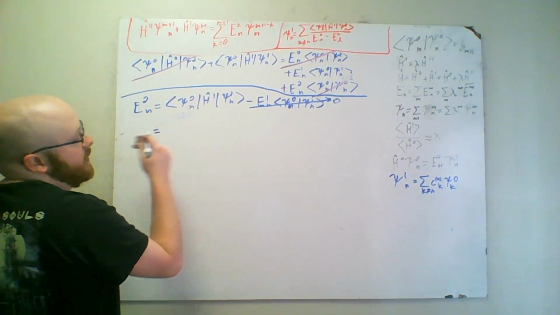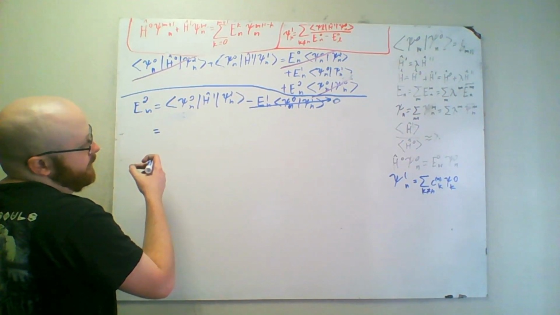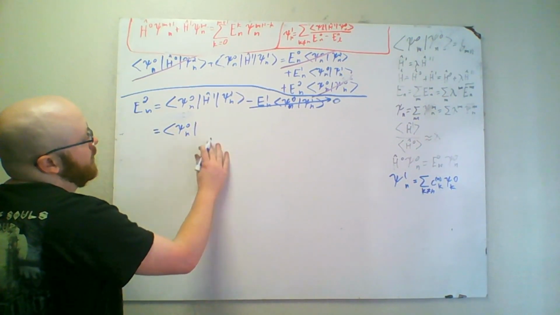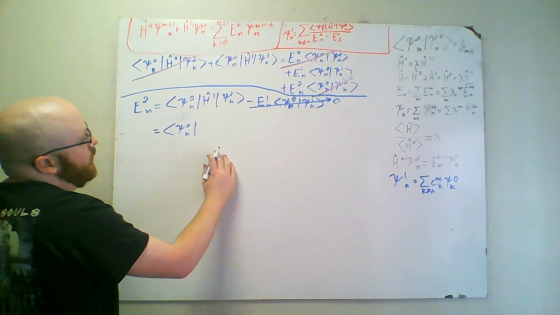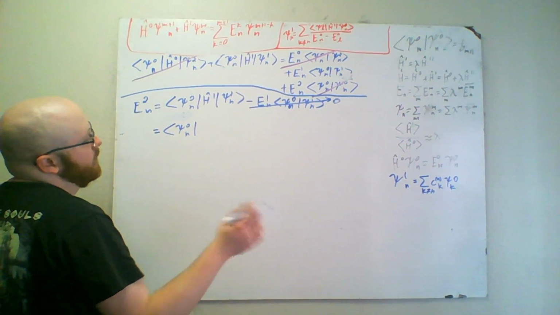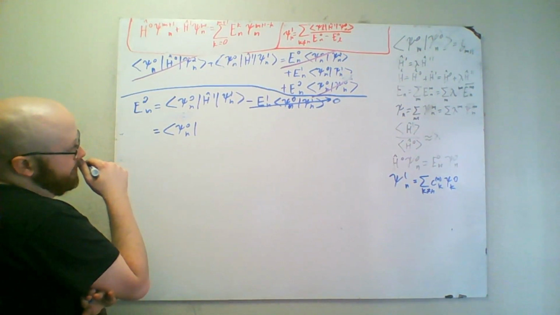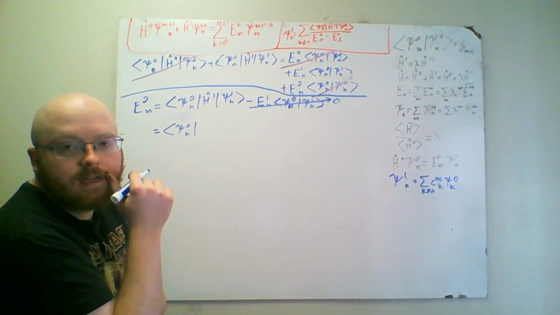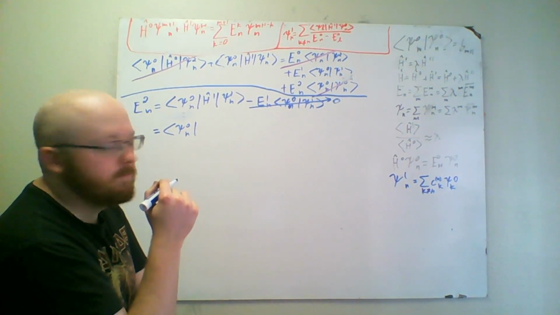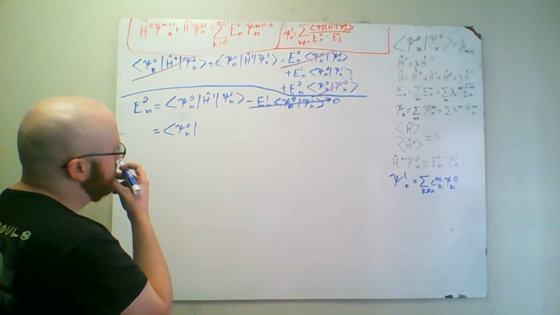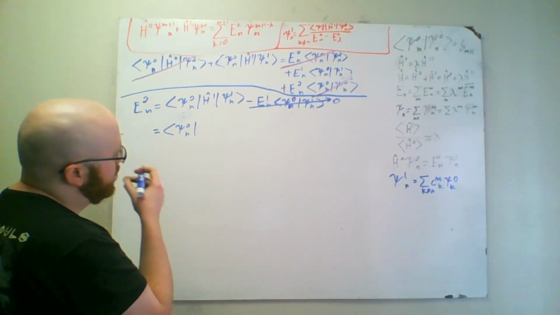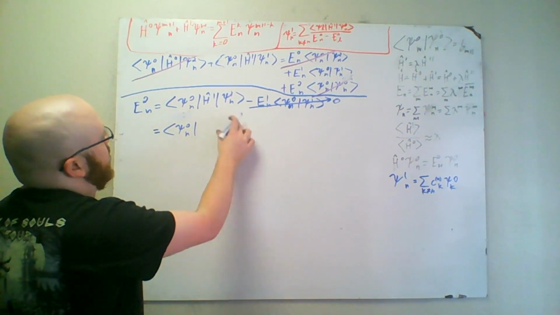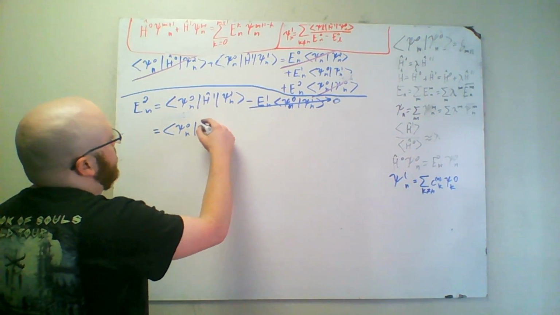So this gets us psi 0n. The only term that survives, yeah, I'm pretty sure the only term that will survive is the psi 0n. Okay, so I actually need to expand this out.